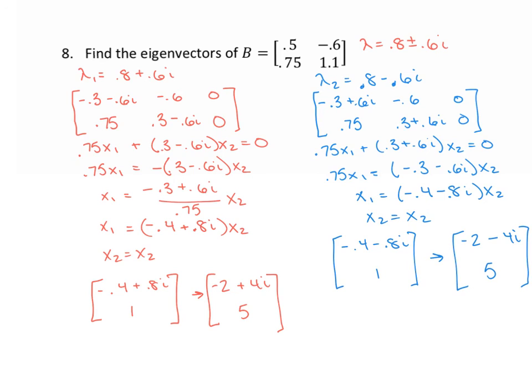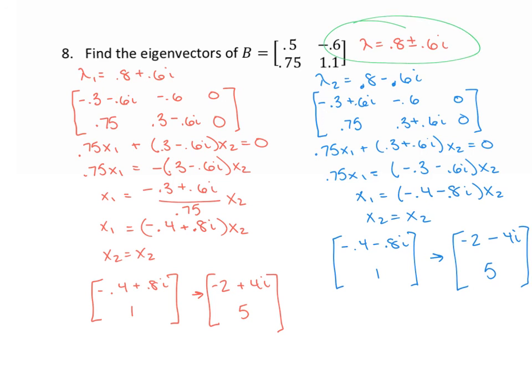And we end up with our second eigenvector. So complex eigenvalues are going to give us complex eigenvectors. And something that's written on the bottom of the last page is something that we've hopefully noticed with these last two problems. The eigenvalues are going to occur in complex conjugate pairs.